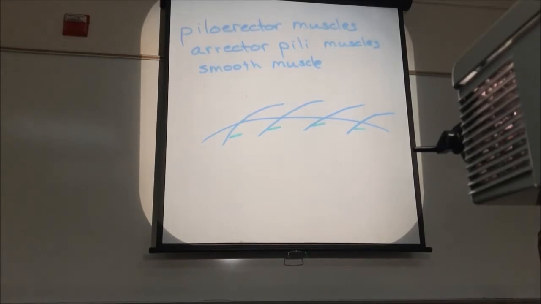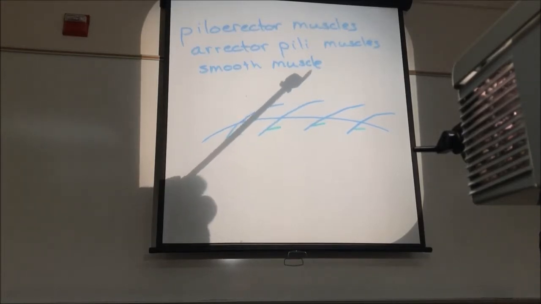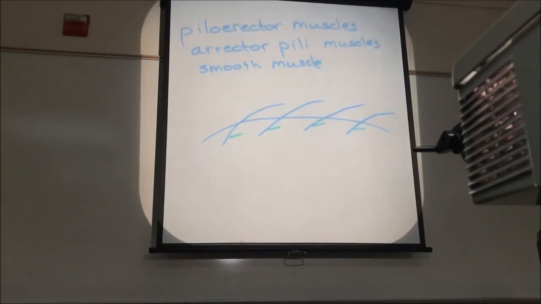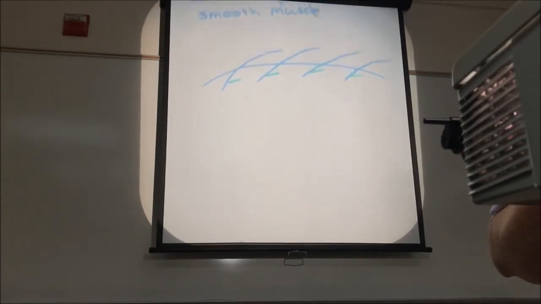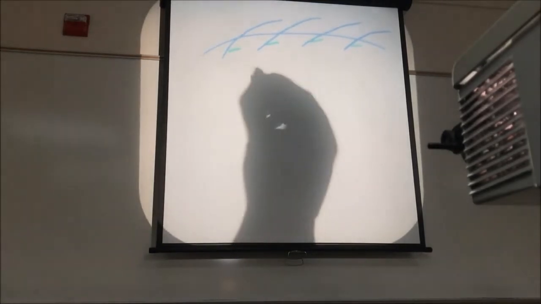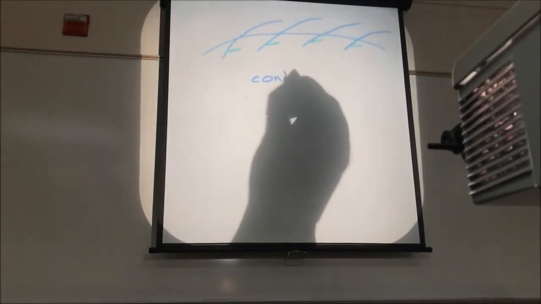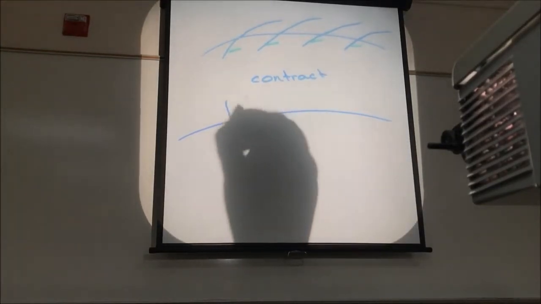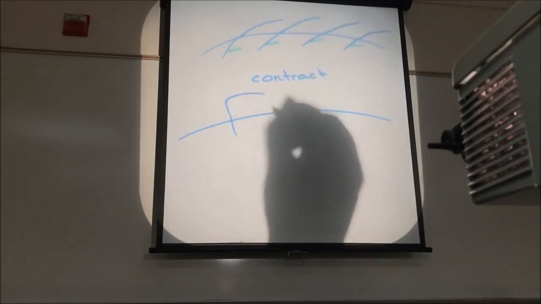When the erector pili muscles or piloerector muscles contract, the overall effect is to pull the follicle into a more upright position. So when they contract, the hair stands up on end.